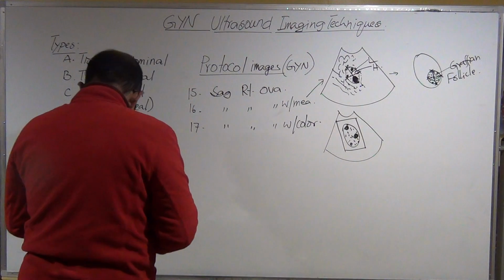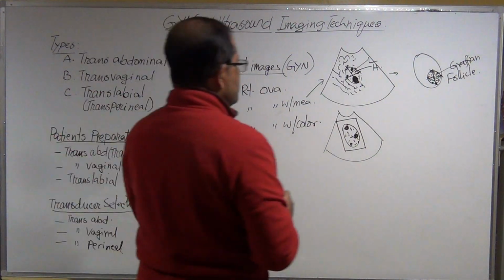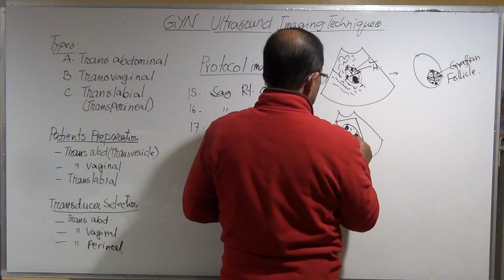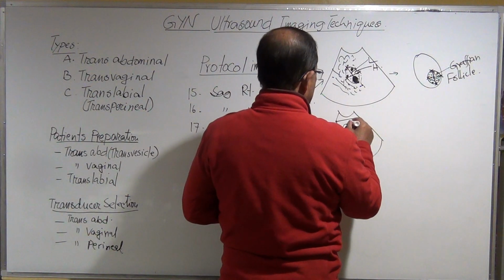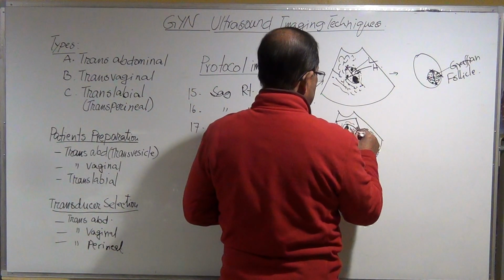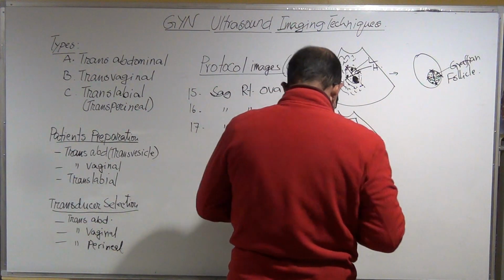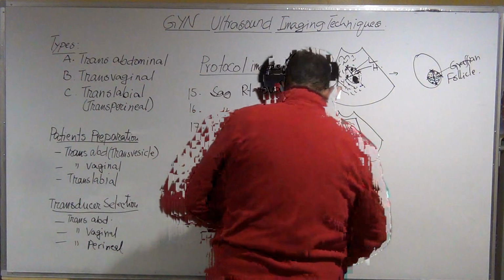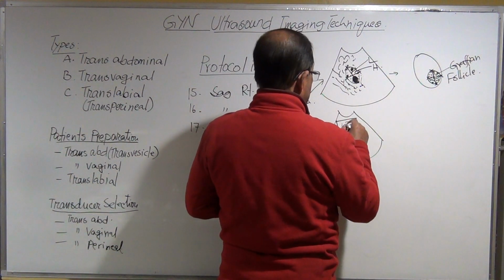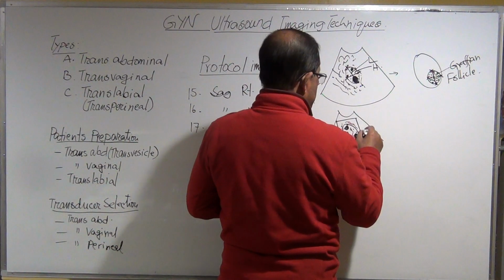When you put the color, you will see the color outside, and the color inside is blinking. Then you will see the venous flow.